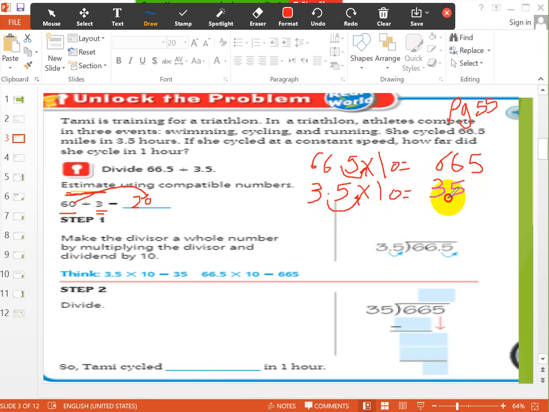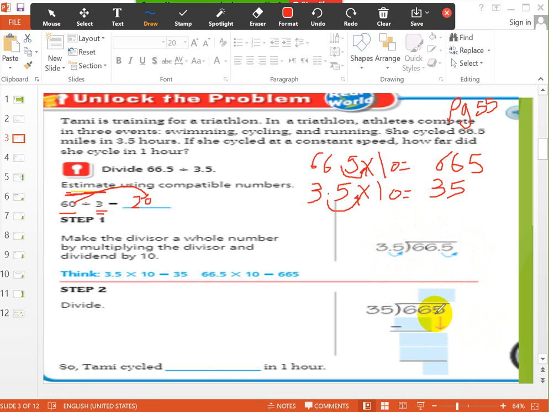Look, now it's easy for me to divide 665 by 35. Yes, it's easier than the other number. So I will use this property to give me an easier way.